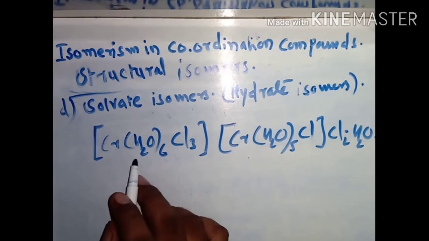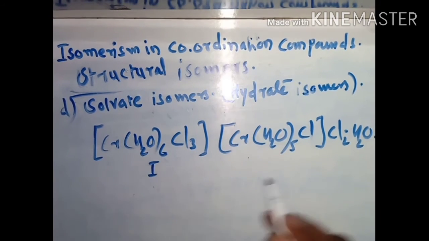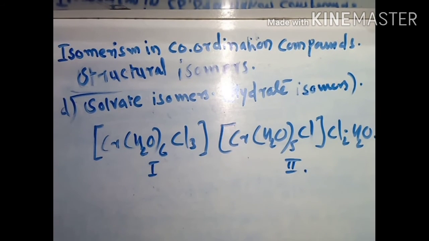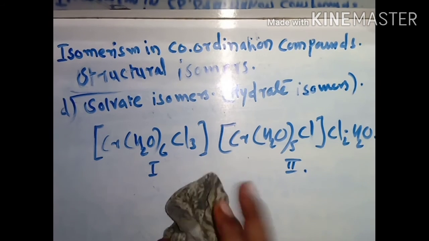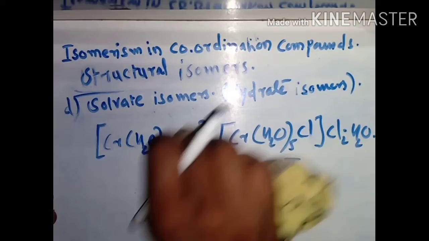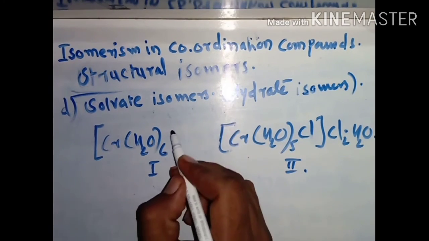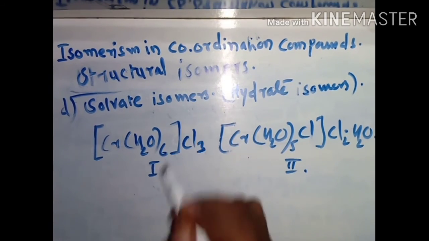Here there is a complex 1 and this one is the complex 2. Both have the same molecular formula, but there is an exchange of an H2O molecule by the Cl. How? This Cl can be written out of the bracket like this, Cl3.